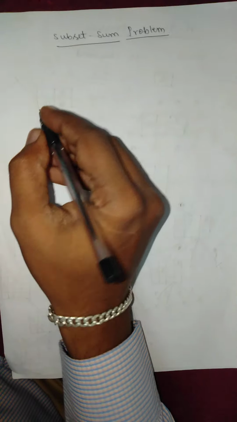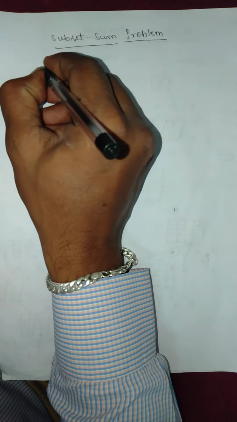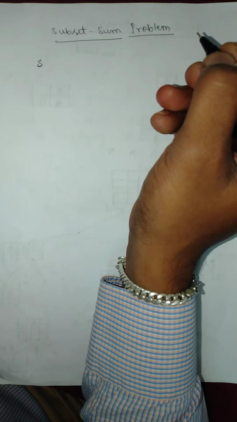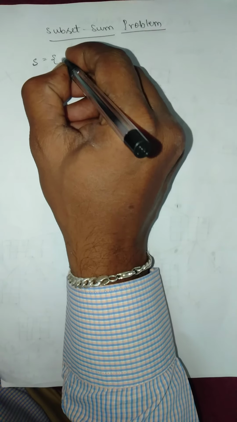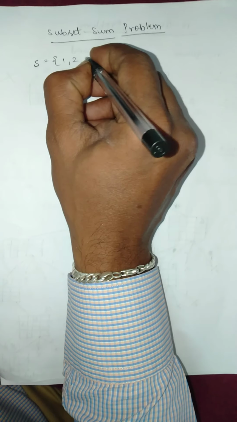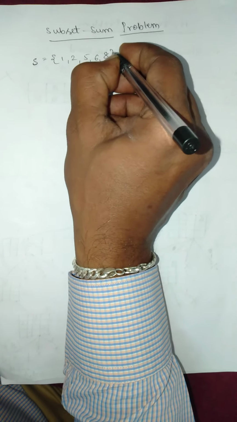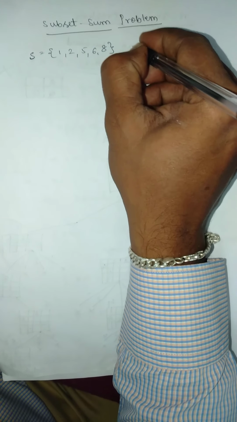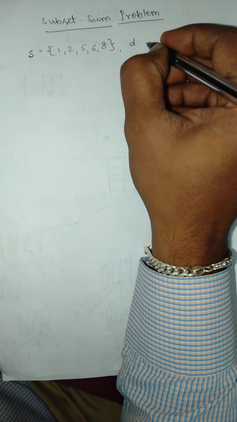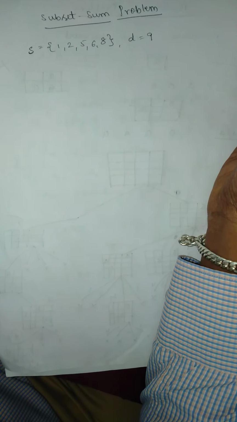The next topic under backtracking is the subset sum problem. The subset sum problem is the problem in which a set S is given. Say, for example, S consists of some set of integers, say 1, 2, 5, 6, 8, and you are also given some positive integer D, for example D as 9.